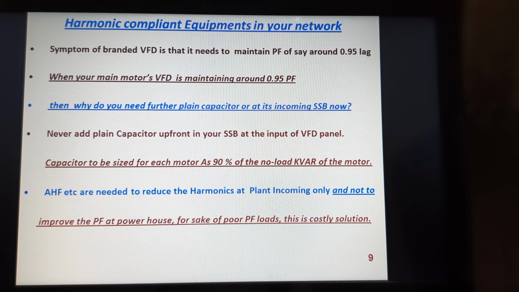The capacitor needs to be sized for each motor at around 90% of the no-load kVA of the motor. Active harmonic filters are needed only to reduce the harmonics at the plant incoming, and not to improve the power factor at the power house for the sake of poor power factor motors in the field. This is a costly solution.